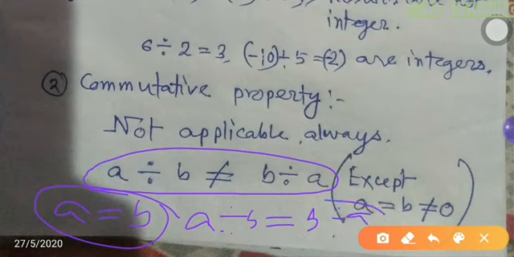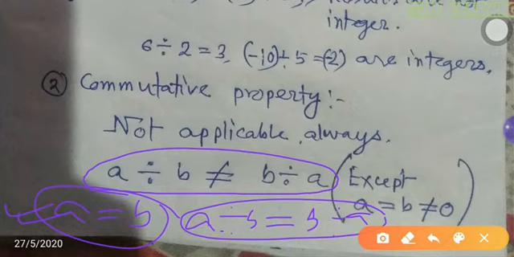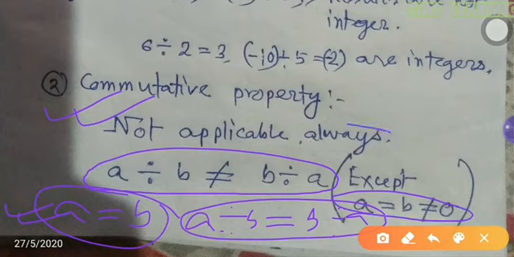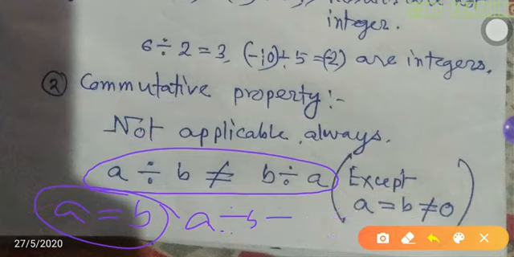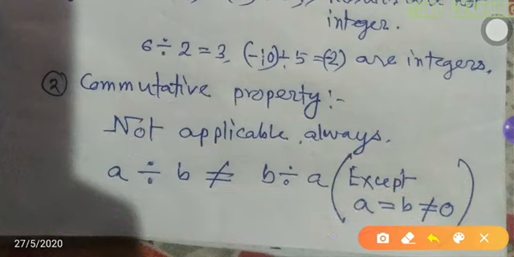But if a and b are not equal and not zero, then this property is not applicable, that is, a divided by b is not equal to b divided by a. Example, you can take suppose I am writing here 3.